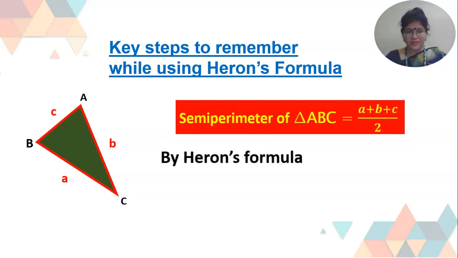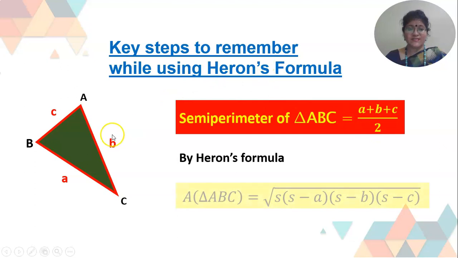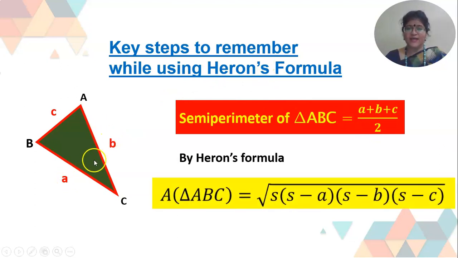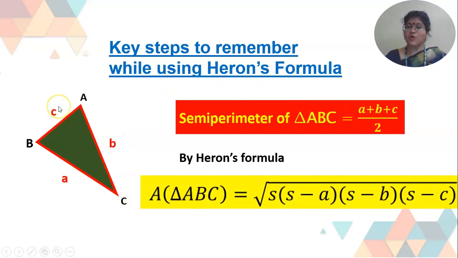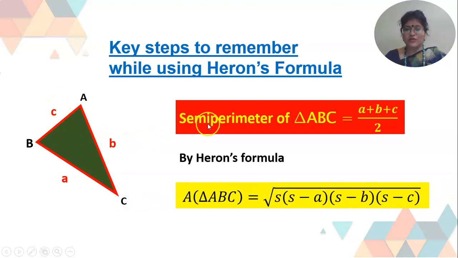The first step will be to name the 3 sides as small a, small b, and small c. After that, you use the formula for semi-perimeter. The semi-perimeter of any triangle is the sum of 3 sides divided by 2. That is, it is the perimeter of the triangle divided by 2.